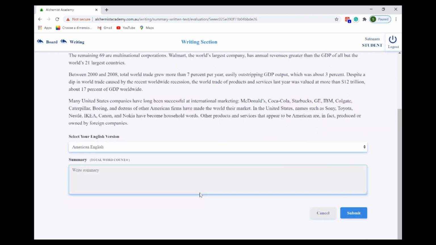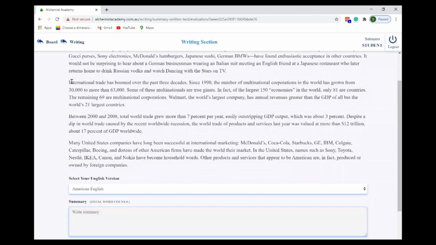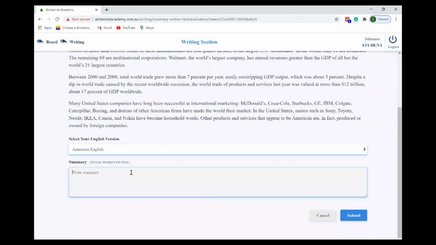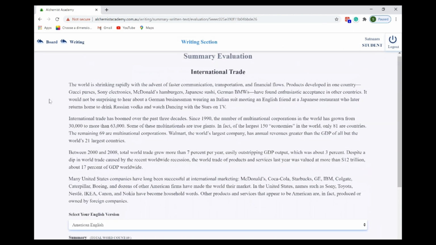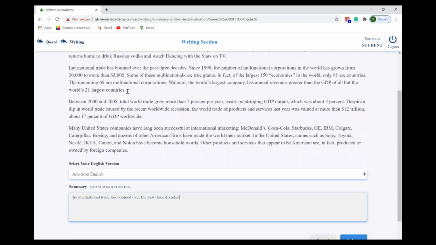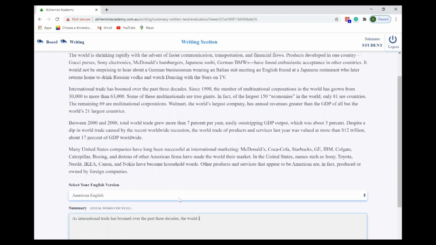So let's start writing. I'm going to begin with this one here because this question is about international trade. Let's write down: international trade has boomed over the past 3 decades. The world is shrinking rapidly. Let's copy it from there. The world is shrinking rapidly with the advent of mass communication, transportation, and financial flows.